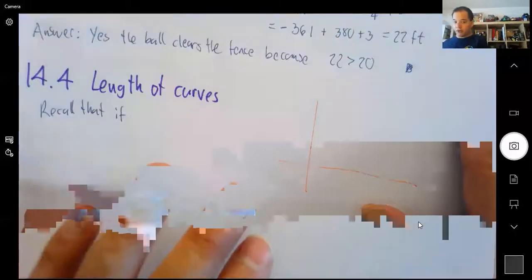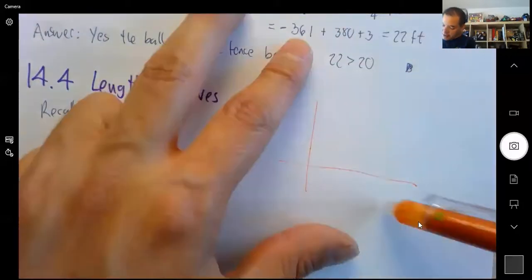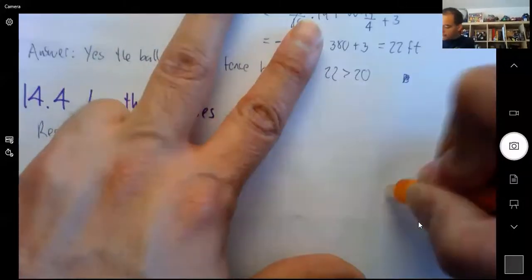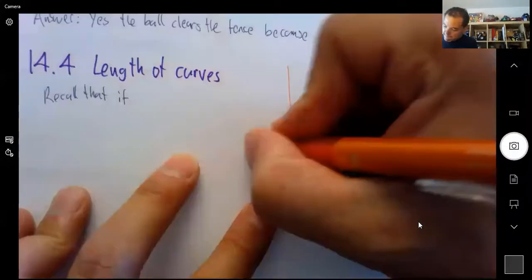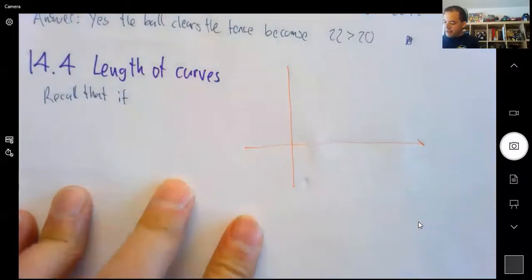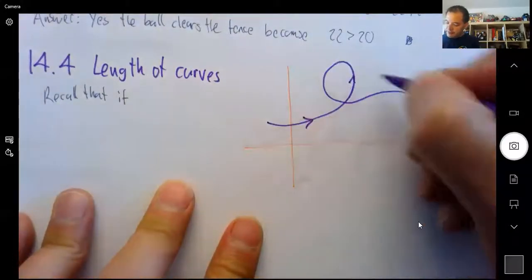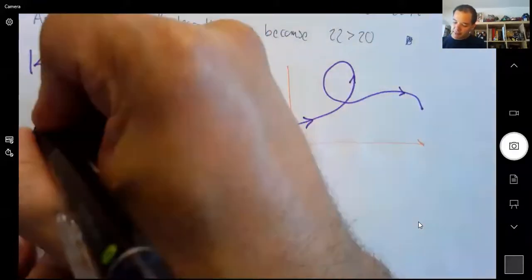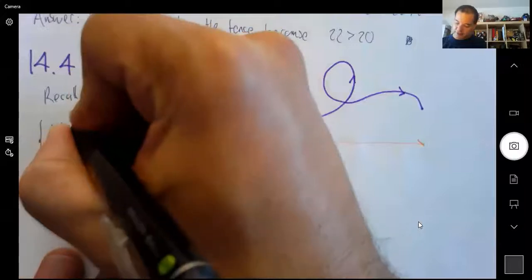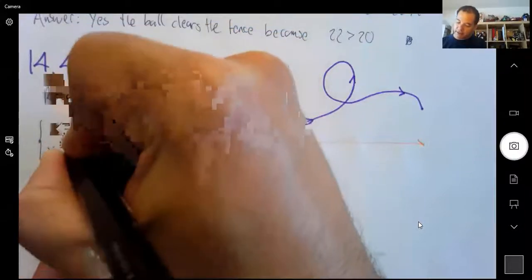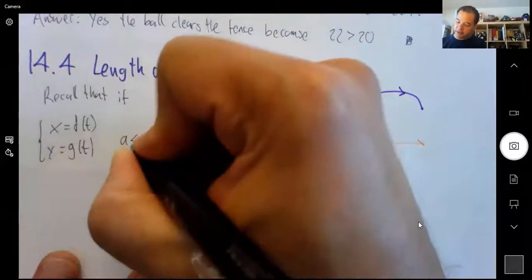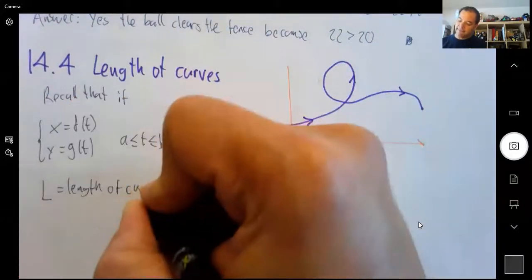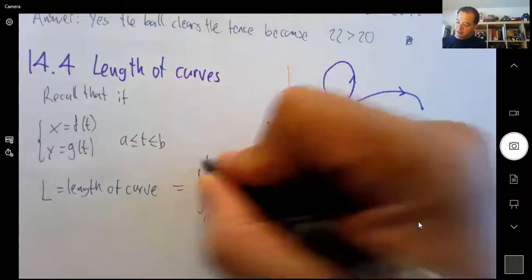If you have a curve in the plane, some curve like this, parametrized some way, with a parametric equation where x is f of t and y is g of t, and t goes from a to b, then the length of the curve was given by this integral.